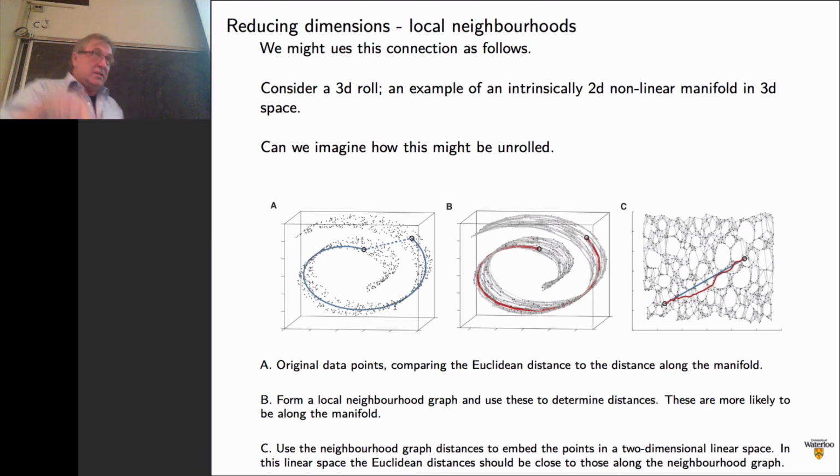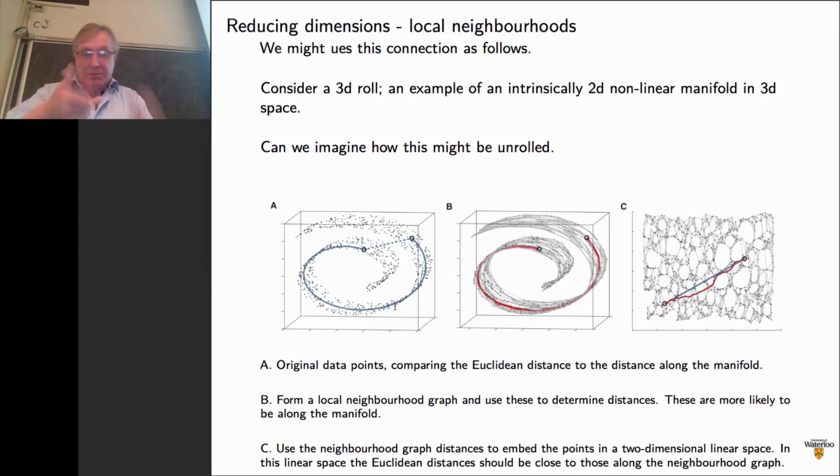Then I use those distances, get the Gram matrix from them, look at the eigendecomposition. Maybe there's a smaller dimensional space that's now all Euclidean that I can place the points in, where those distances are very much like they were in the original.